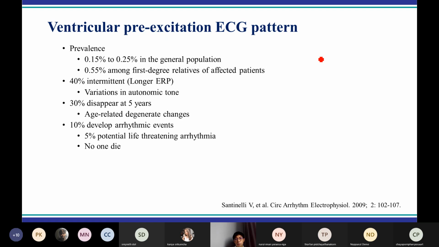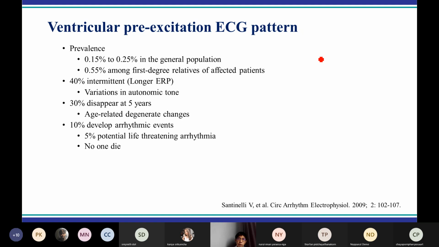This means that you could experience this pre-excitation ECG pattern when you were young, and after that, the bypass tract degenerated when you grew up, and you don't have to do anything with it because it degenerated and could not conduct the electricity down. And 10% would develop arrhythmic events. 5% potential life-threatening arrhythmia.